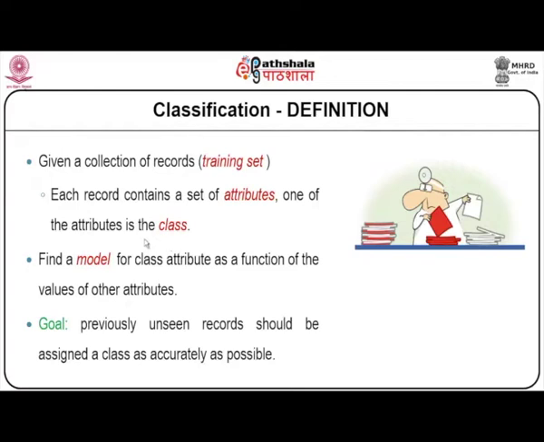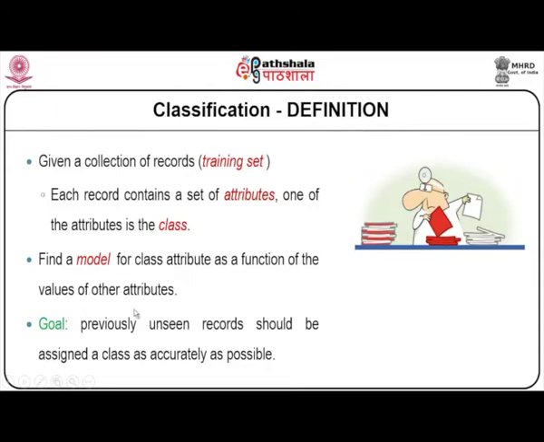So, classification is, given a collection of records which we term training sets, where each record contains a set of attributes and one of its attributes is termed the class. With a training set, the intention is to create a model for the class attribute as a function of the values of the other attributes.